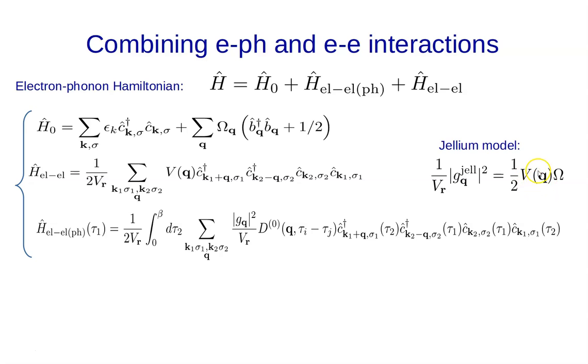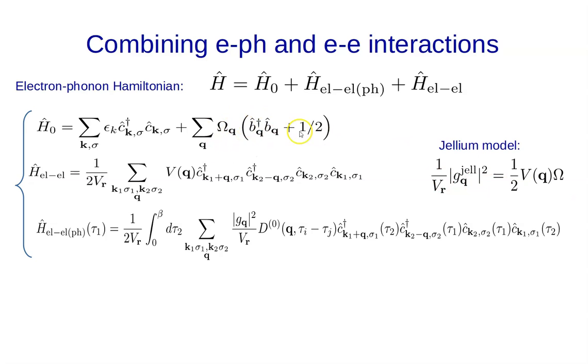or rather its Fourier transform in Q space. We remember that this goes as 1 over Q squared, and this frequency is the plasma frequency that we derived in the class where we talked about the Jellium model and the phonons in the Jellium model. I'll also try to remember to put a link here. So my total Hamiltonian then has 3 terms. That free part that we talked about.